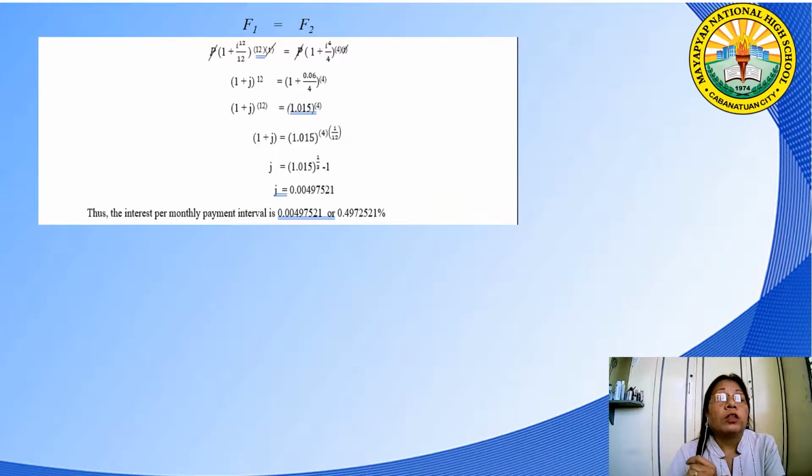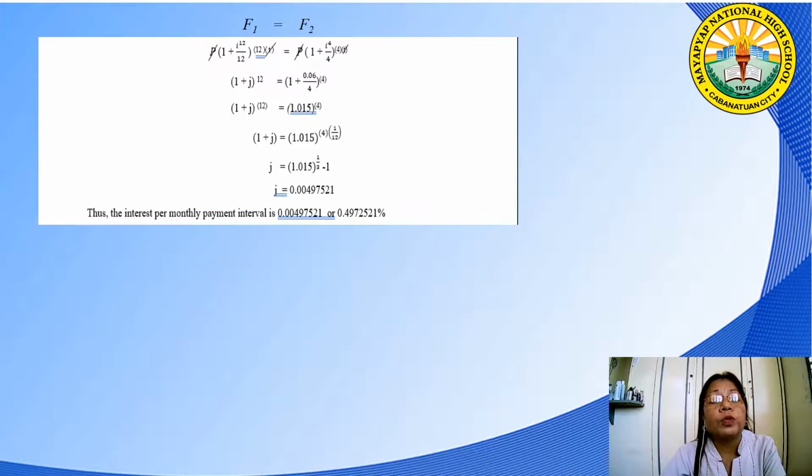Then using this computation, finally, to get the value of J, our J is equal to 0.00497521. So that means the interest per monthly payment interval is 0.497521%.